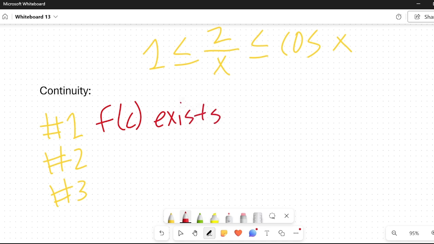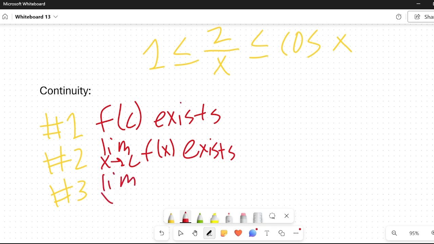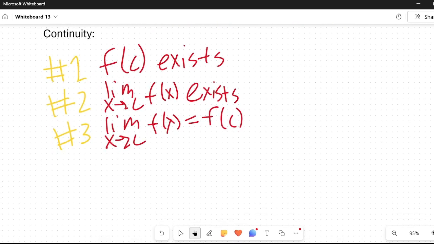Second, the limit as x approaches c of f of x also exists. And then lastly, the limit as x approaches c of f of x equals f of c. So these are our 3 rules for continuity, and that is essentially how continuity will work.